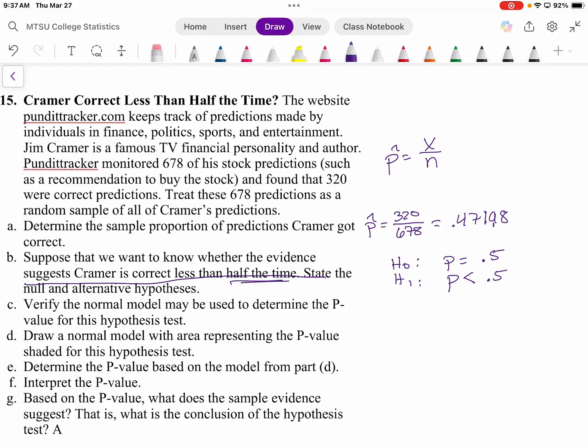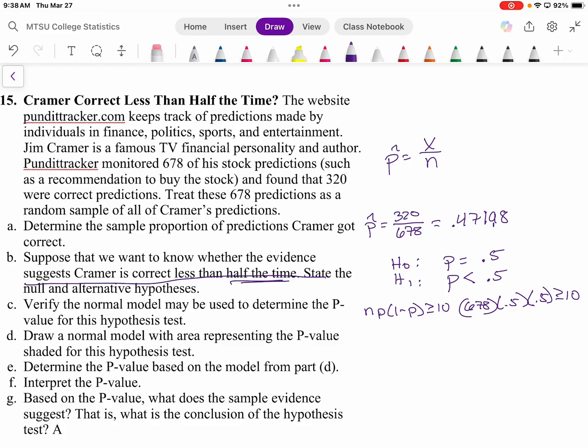Verify the normal model may be used for determining the p-value. So this is where we do n times p times 1 minus p. Is it greater than or equal to 10? So is n, 678, times 0.5, and then 1 minus 0.5 is 0.5. So is 678 times 0.5 times 0.5 greater than or equal to 10?